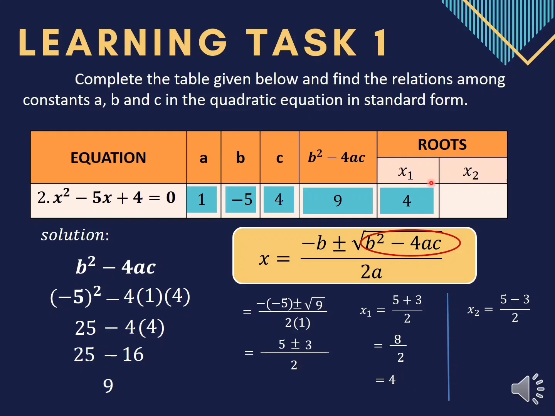Therefore, x sub 1 is equal to positive 4. Now, for the x sub 2, 5 minus 3 we have positive 2, all over 2. 2 divided by 2, we have positive 1. So, therefore, x sub 2 is equal to positive 1.